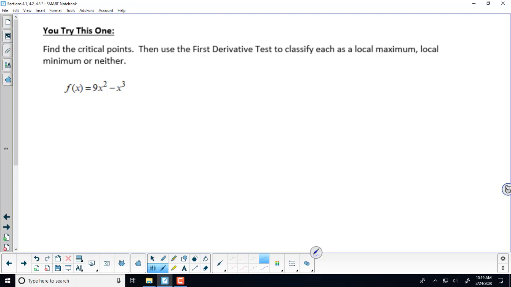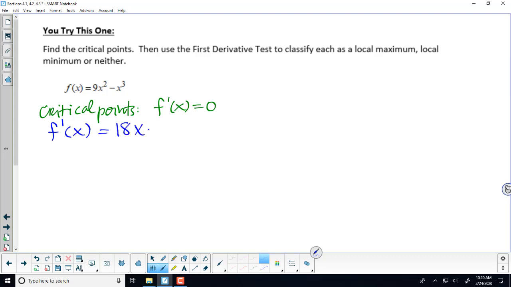All right, so critical points. Where the first derivative is equal to 0. So we need the first derivative. We set that equal to 0. And we solve.